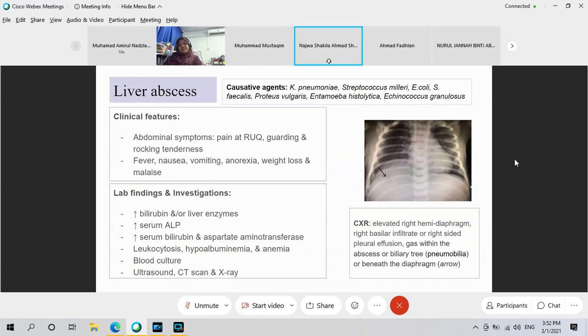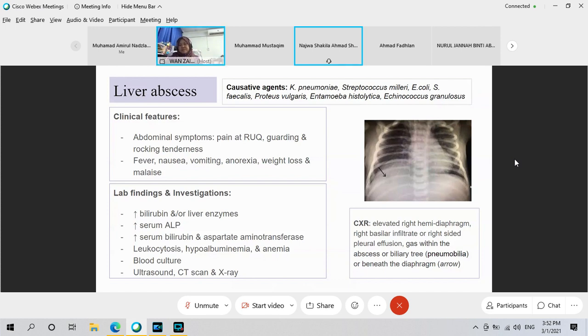The liver is located below the diaphragm. It causes local inflammation there, and the diaphragm becomes locally paralyzed. That's why there is a raised hemidiaphragm on the right side.